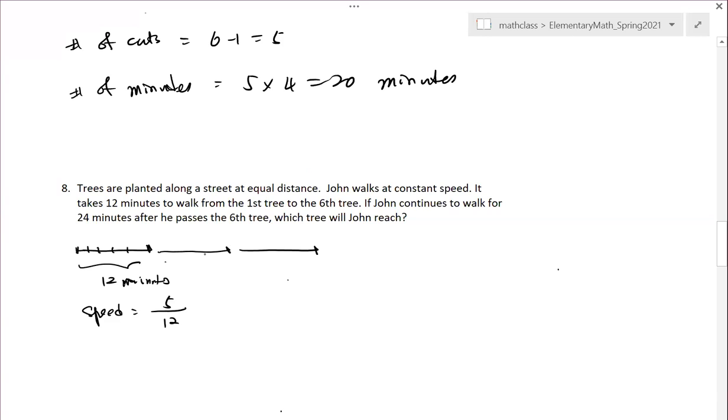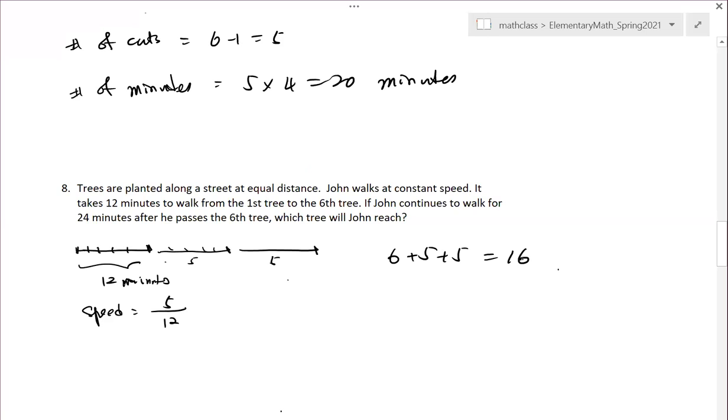Actually, you only have 5 trees here, 1, 2, 3, 4, 5, because you cannot count the first one. So 5 trees here, 5 trees here. Total will be 16 trees. Okay, so total will be 16. So 6 plus 5 plus 5, it's going to be 16.